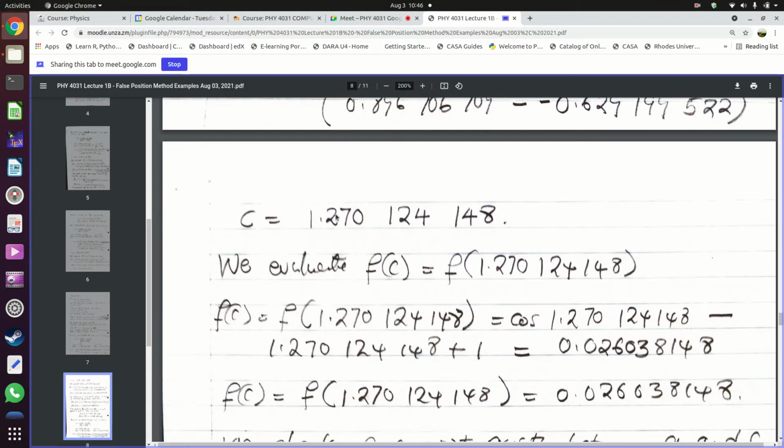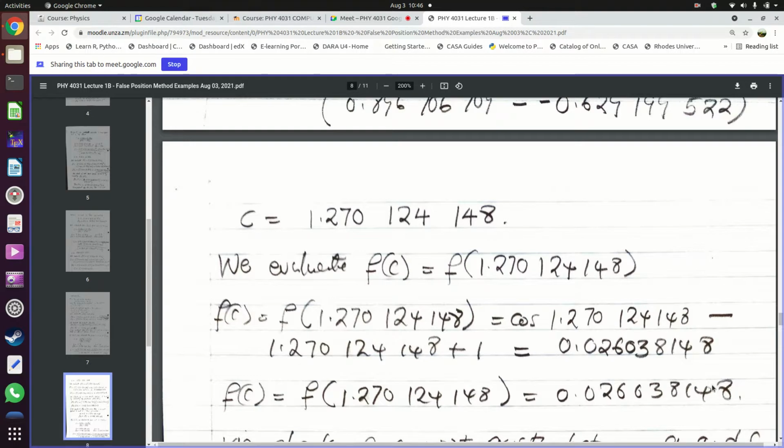The value of the function at c is cos 1.270124148 minus 1.270124148 plus 1, and you end up with 0.026038148. So basically, our function at c is positive.